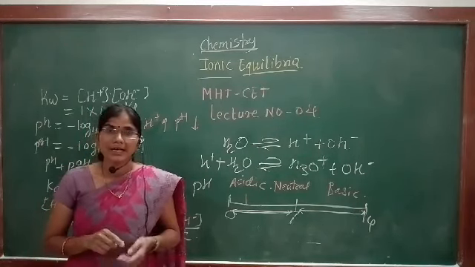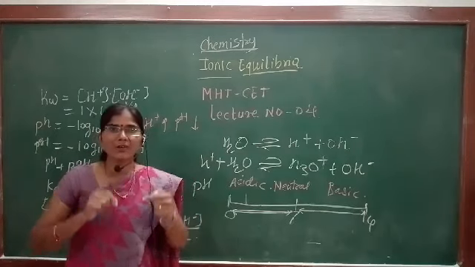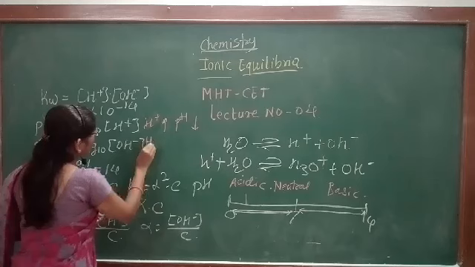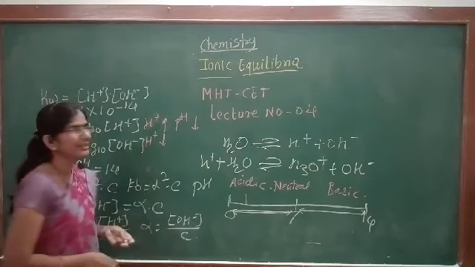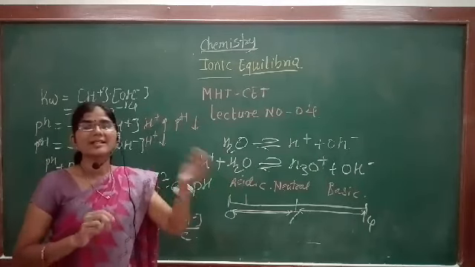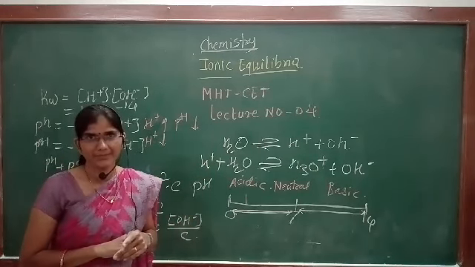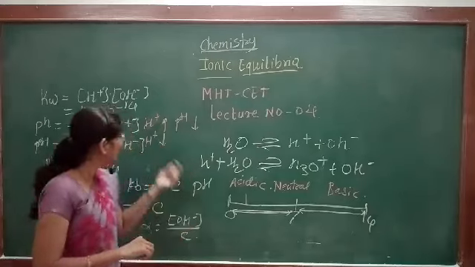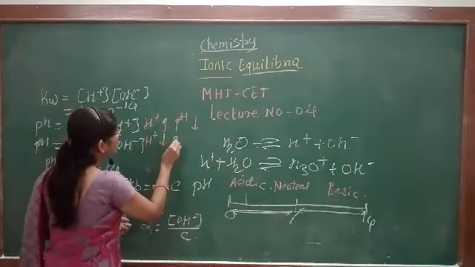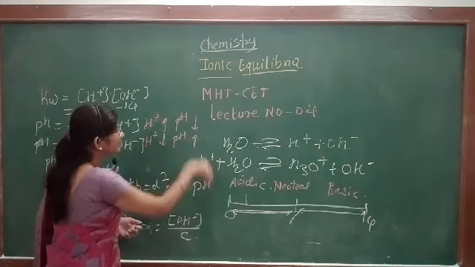Reverse. As the H plus ion concentration decreases, that means the OH minus ion concentration increases. Look what happens here: as the H plus ion concentration decreases, the pH of that solution increases.